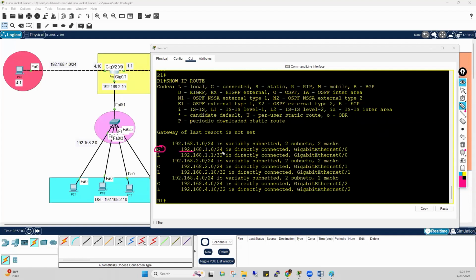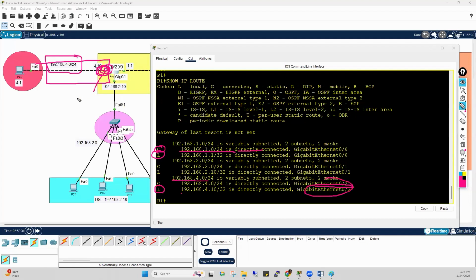Now, I hope you understand the meaning of C. C means directly connected here. That is telling us the network ID. And L means locally, the IP address you configured on that particular interface. For example, 192.168.4.0. Here we are using 192.168.4.0 on this interface, gig 0/2. But locally, what do we configure on gig 0/2?